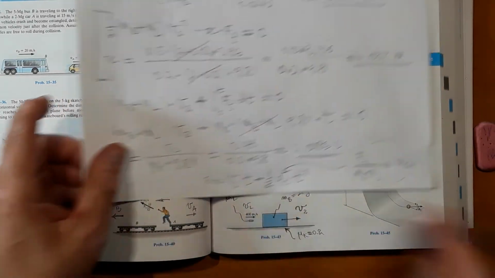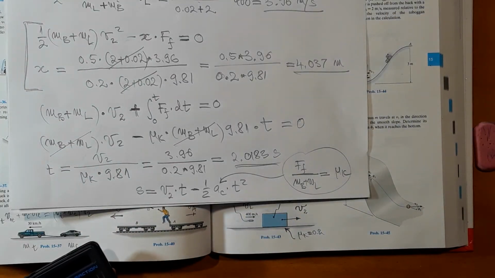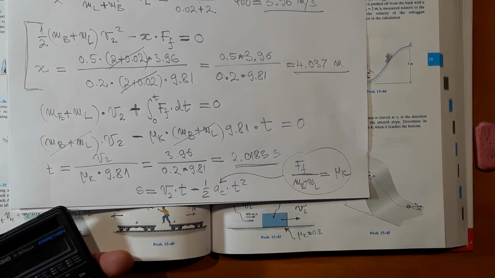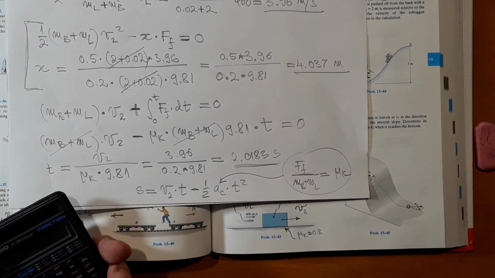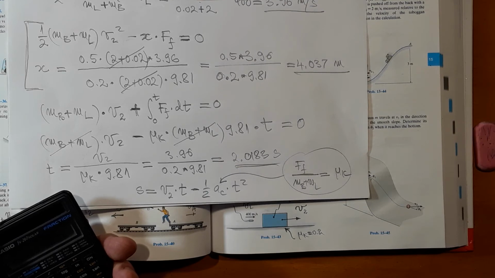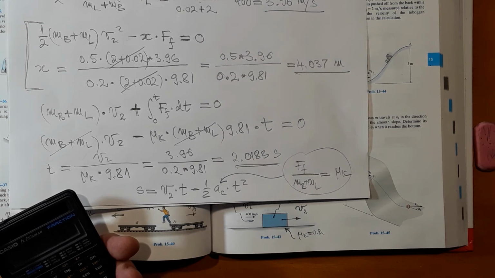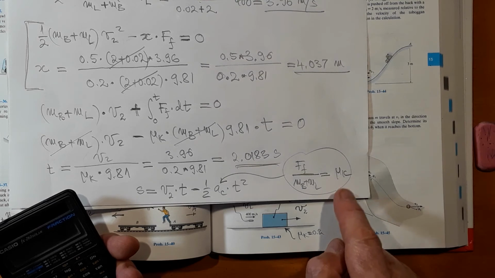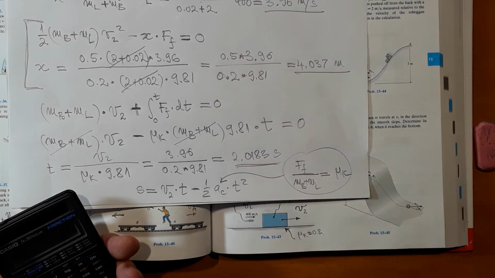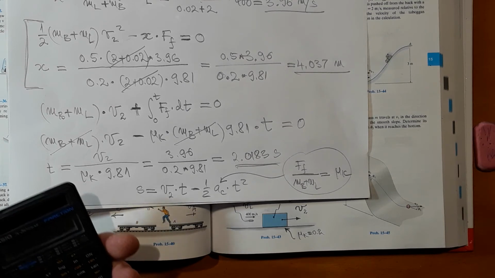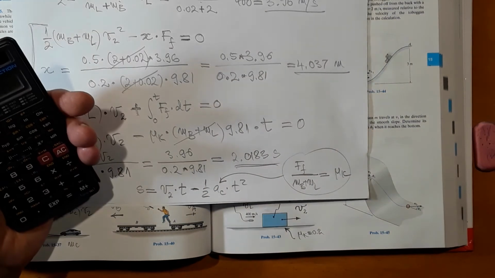Okay, so we can quickly verify. So I have the time put in the memory. It will be times 3.96 negative 0.5, that is 1/2 times 0.2 times time squared equals, it doesn't match.